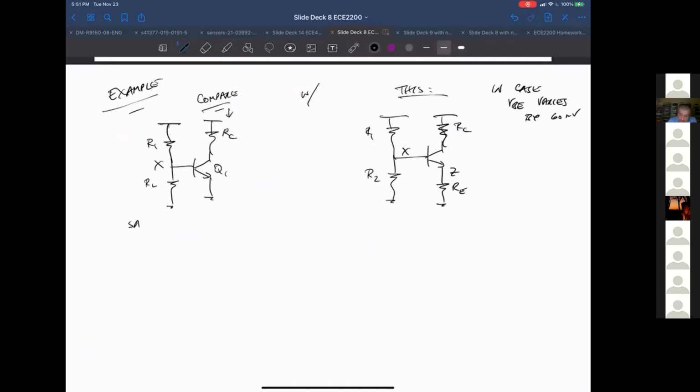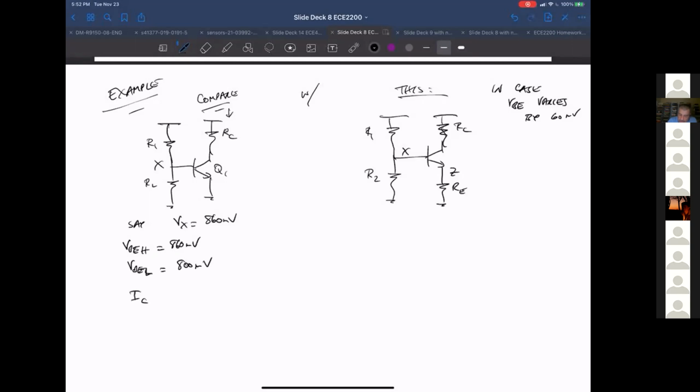So let's say we've set V sub X at 860. What I said earlier was correct. Okay, so V sub BE high is 860 millivolts, and in one case, VBE low is 800 millivolts.